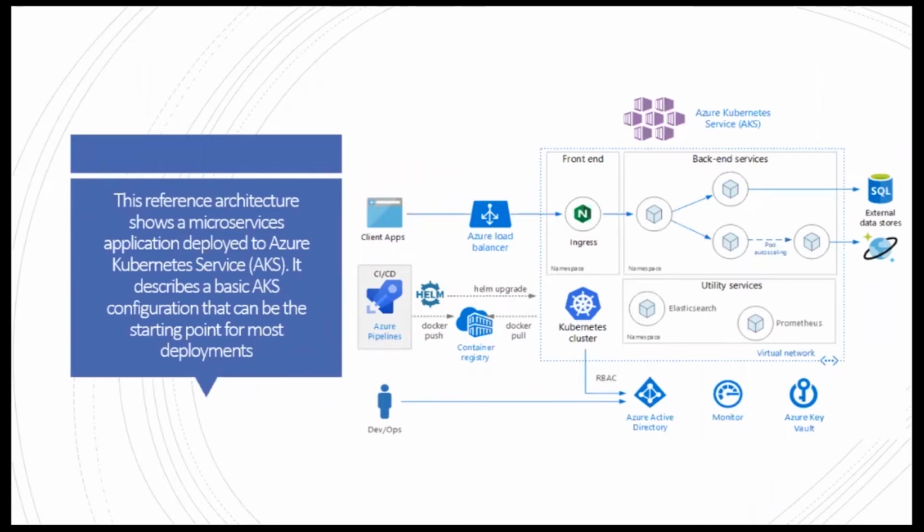In this architecture, they are using Azure Pipeline for the CI/CD functionality. So take advantage of all the SaaS solutions available in the cluster, so that you don't need to do lots of manual work. This is one of the best practices: use SaaS solutions as much as possible to avoid any manual work.